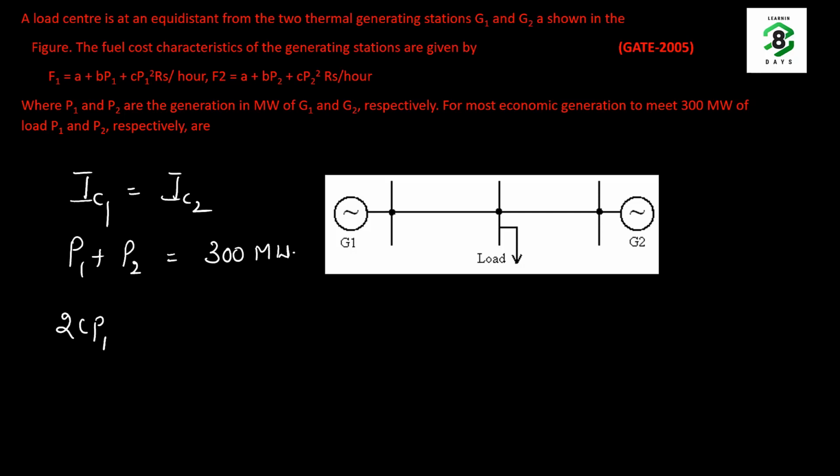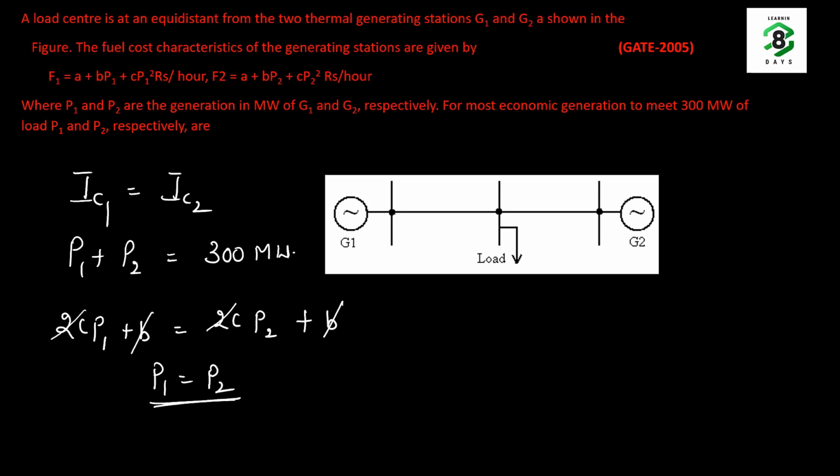By doing so, the incremental cost of the first generator, I'm directly writing, is 2CP1 plus B. That should be equal to the incremental cost of the second, which is 2CP2 plus B. If you equate them, B and B cancel, 2C also cancels. P1 is equal to P2.